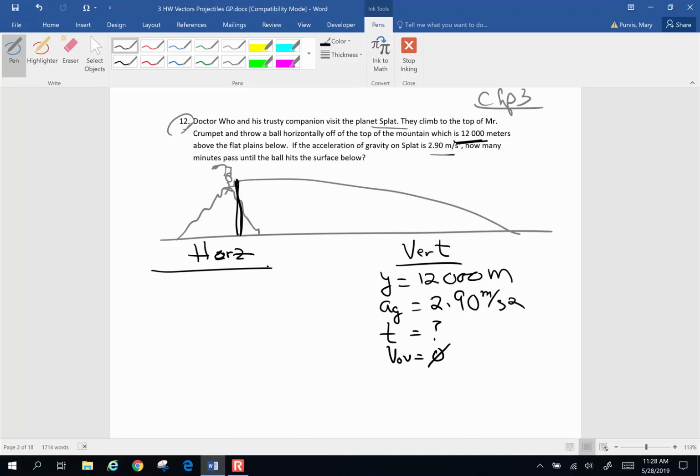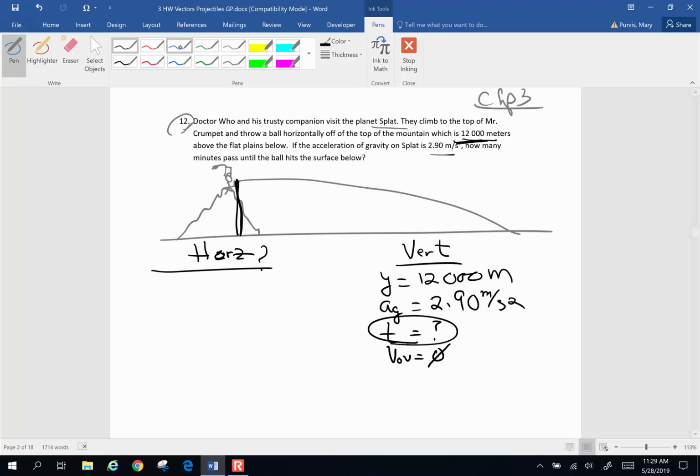We know not much of anything. So we got to figure this out, don't we? We know the height, and we know the acceleration of gravity, original vertical velocity, time. I'm having this feeling that maybe we don't have to use the horizontal stuff.